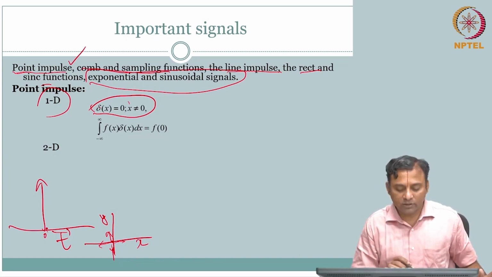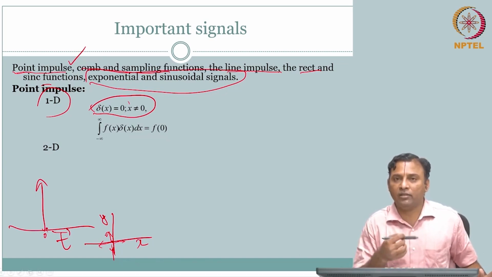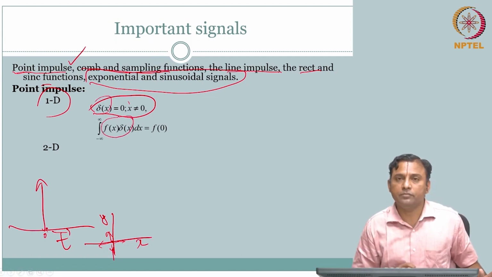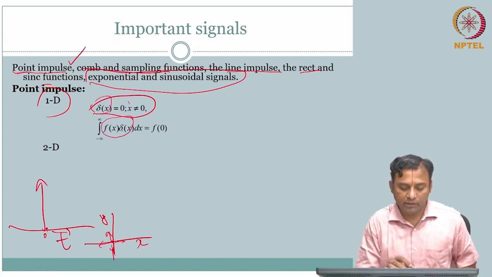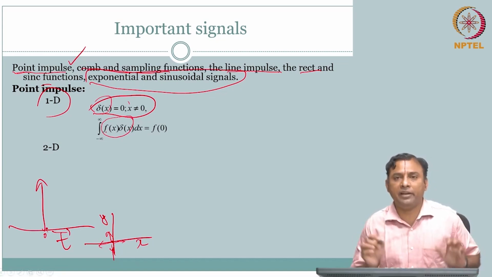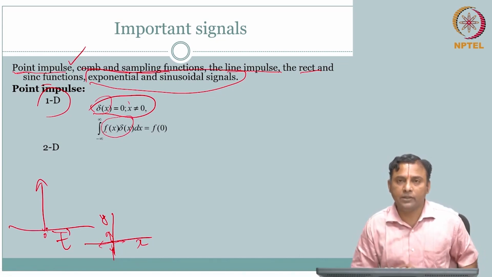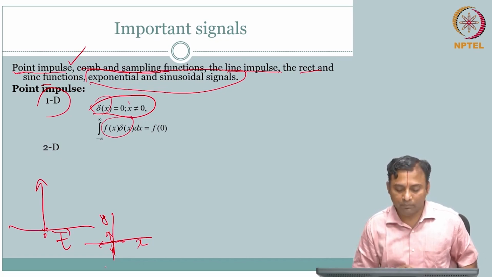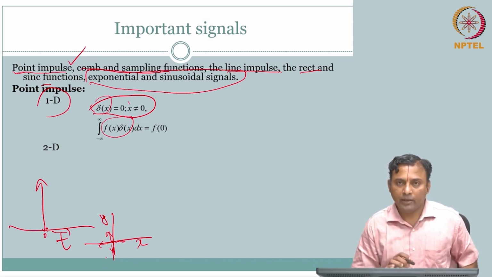Mostly it gets its meaning when delta x combines with some other function. Here it is multiplied with some arbitrary function f of x. So delta x multiplied with f of x, and then the energy that is integrated over that sum.